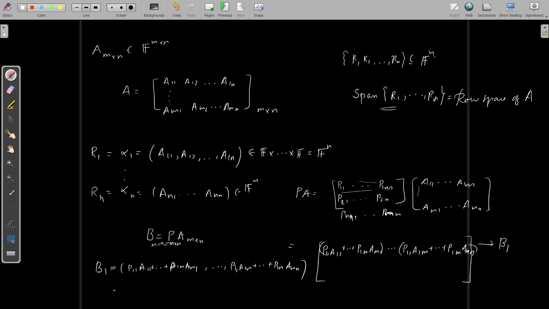So this is our B1, but it can be written as P11 times (A11, A12, etc. A1n) plus P12 times (A21, A22, etc. A2n) plus etc., and the last term is P1m times (Am1, etc. Amn). When you add all these vectors, the first entry is P11 A11 plus P12 A21 plus etc. P1m Am1, and similarly the last entry is obtained by collecting the last terms.